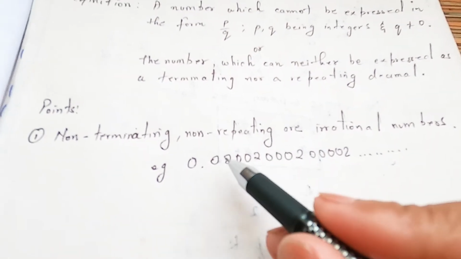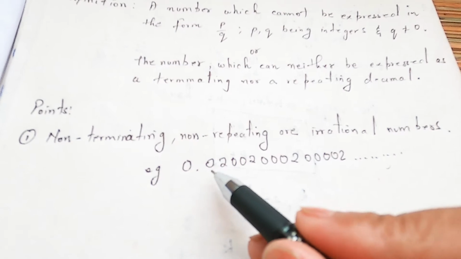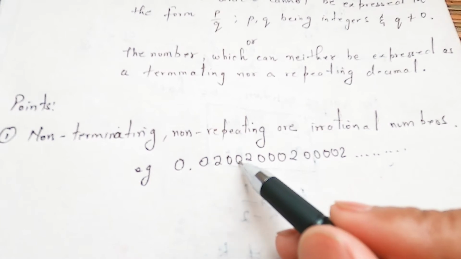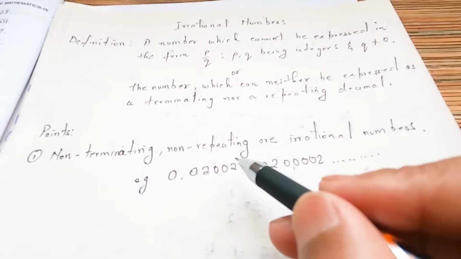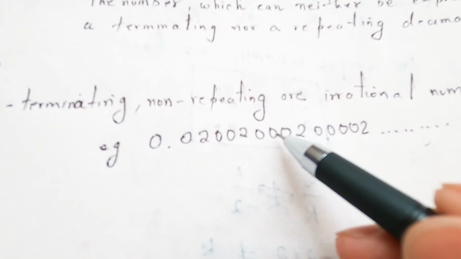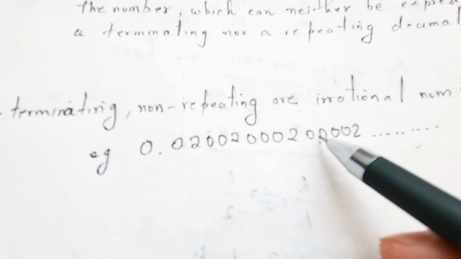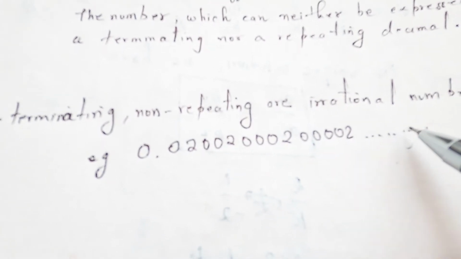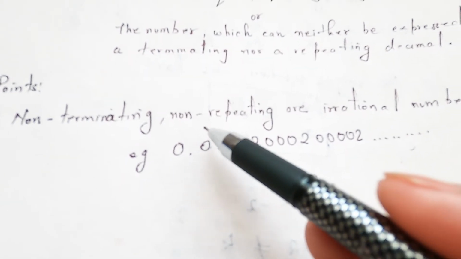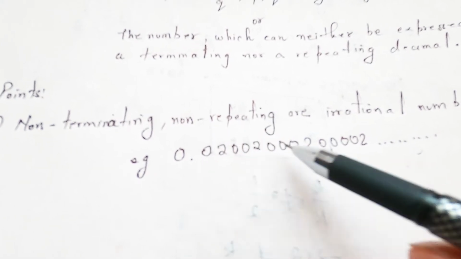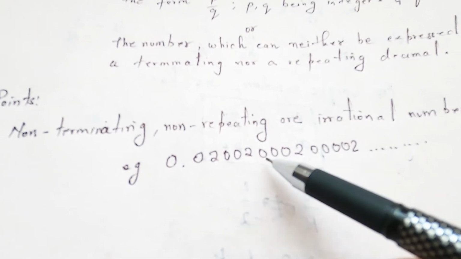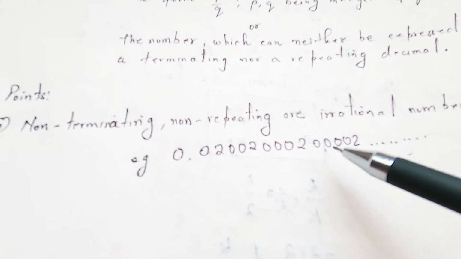We have 0.2, then two zeros and 2, then three zeros and 2, then four zeros and 2, then five zeros and 2. You can see that the numbers are non-repeating, and also these numbers do not have an ending. So these types of numbers are called irrational numbers.